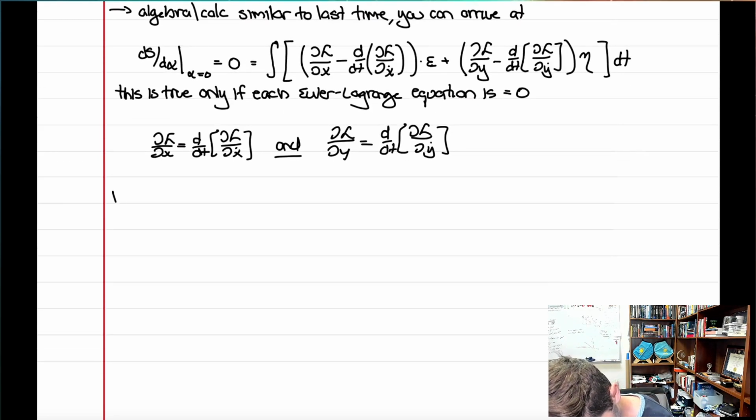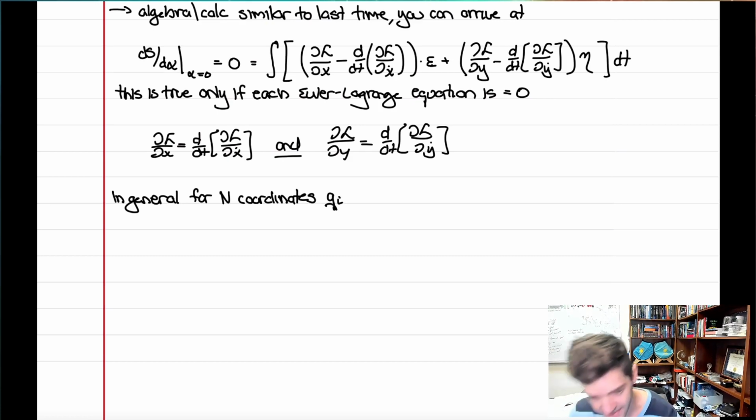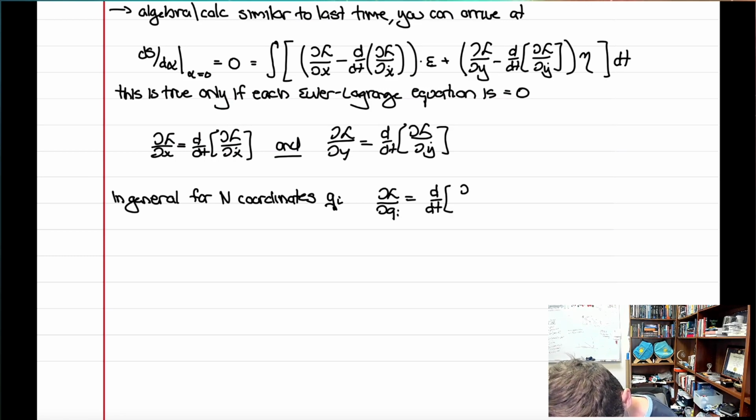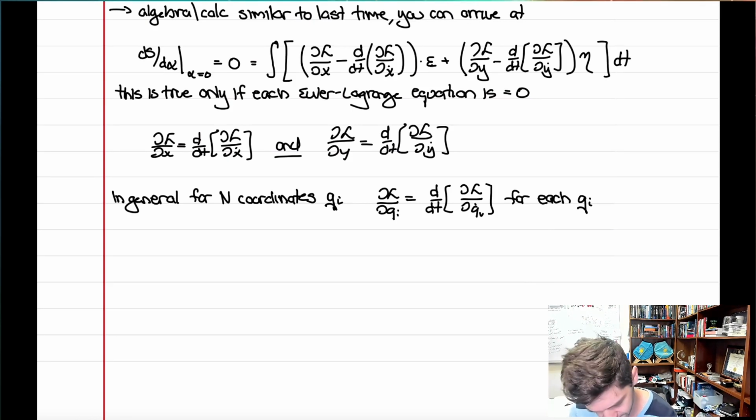And so then we're going to write down in general, for n coordinates, the q sub i's, or whatever your generalized coordinates are, dL by dq sub i must equal d by dt of dL by dq sub i dot, for each q sub i.